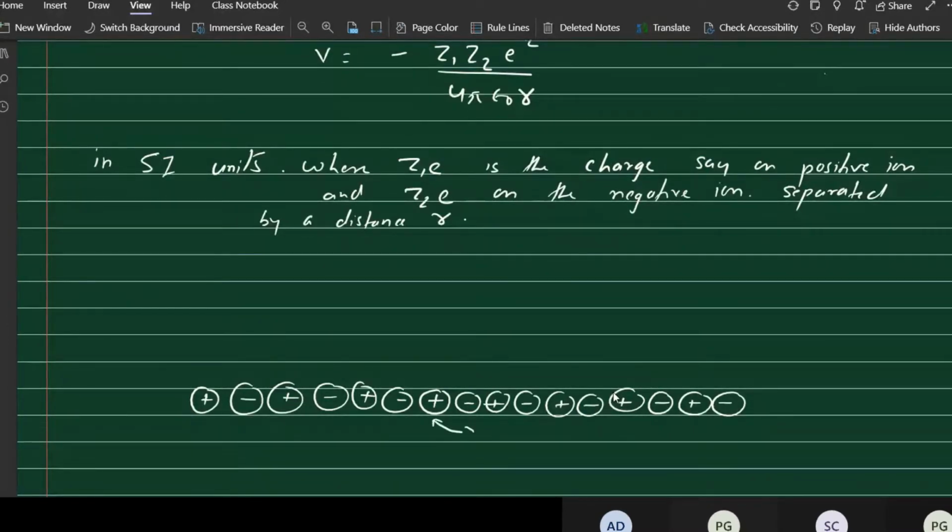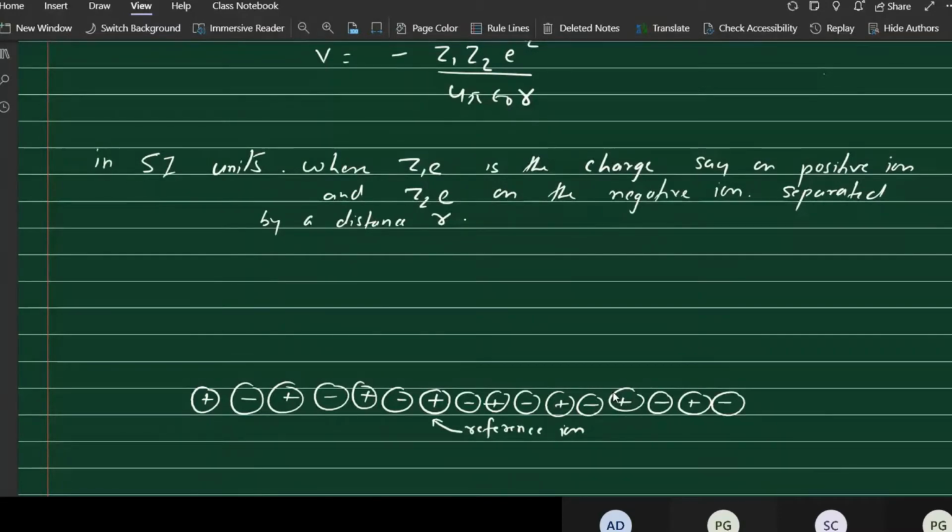Consider this one as a reference charge, reference ion. So what will be the electric potential on this reference ion due to all the neighbor ions?